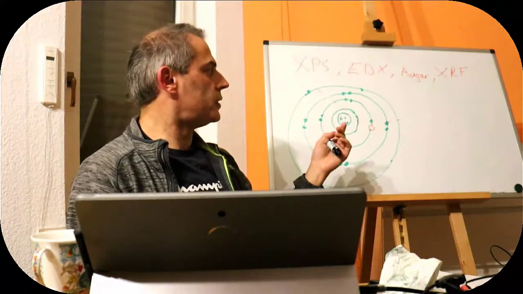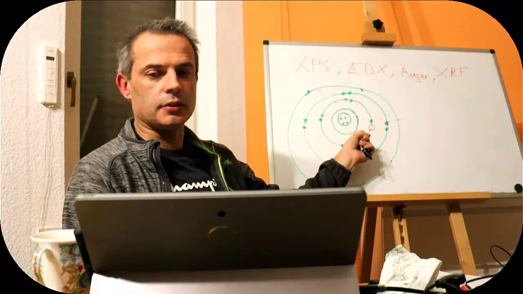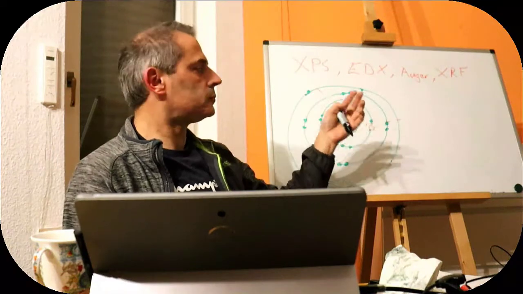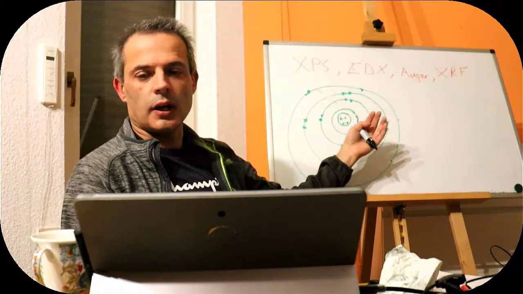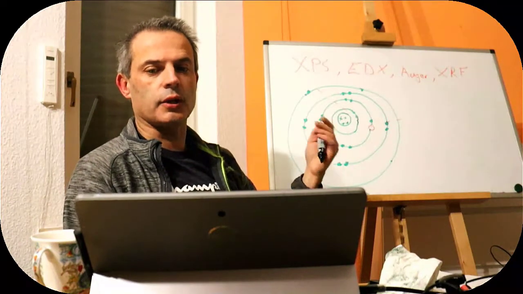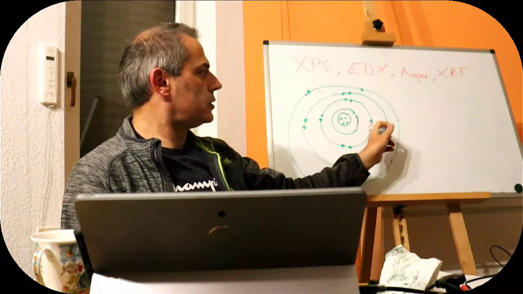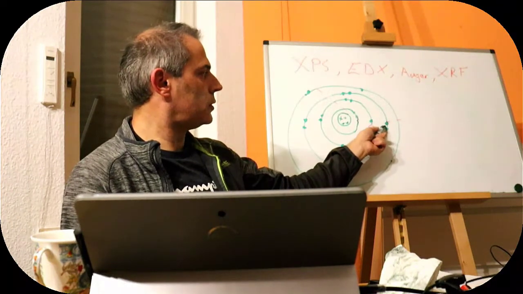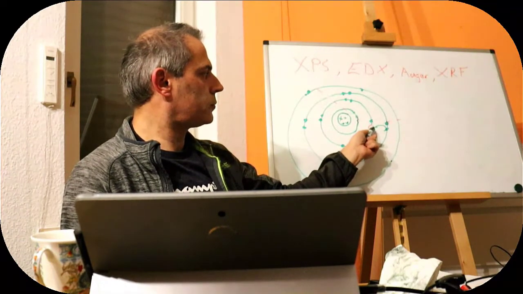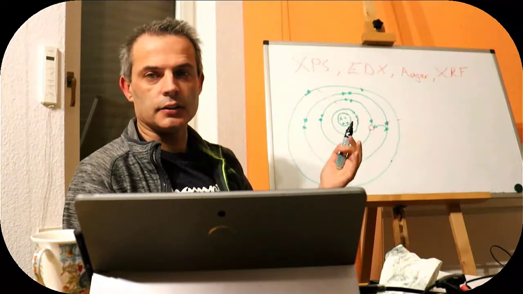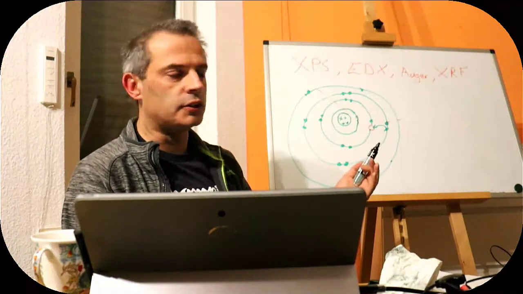Independently of the type of energy that's used to create this electron hole in this orbital here, a number of things can happen, but the simplest one is that an X-ray can be emitted. An electron falls from a higher orbital, that would be this one for example, and drops into this hole. That shifts the hole up one, which is lower in energy, so it gives a lot of energy out.